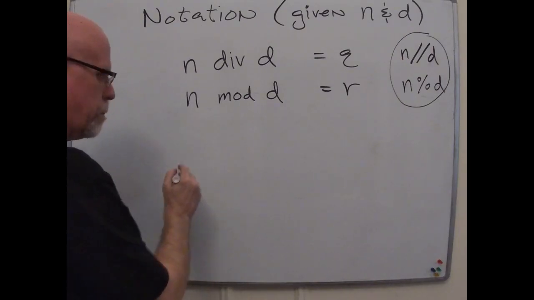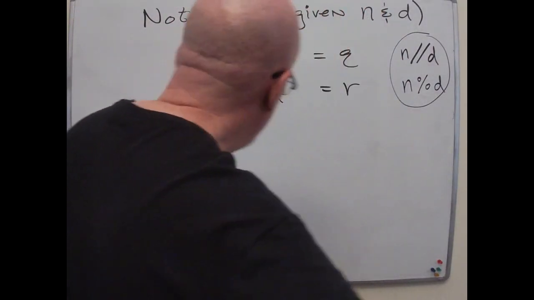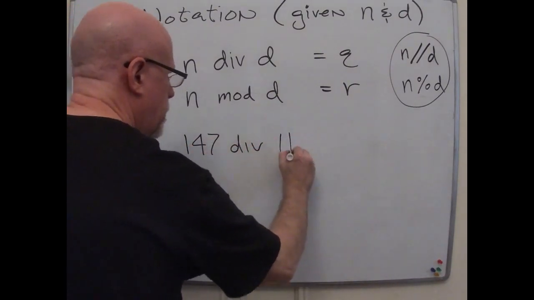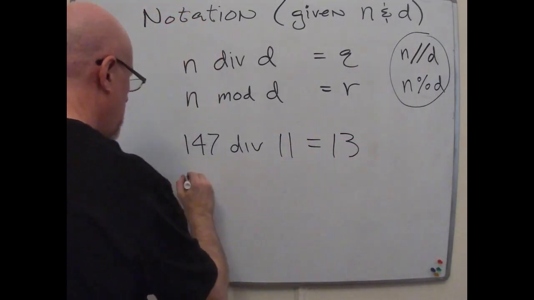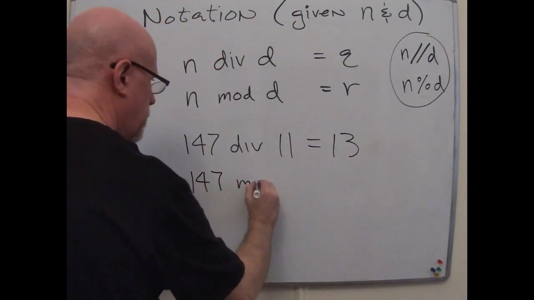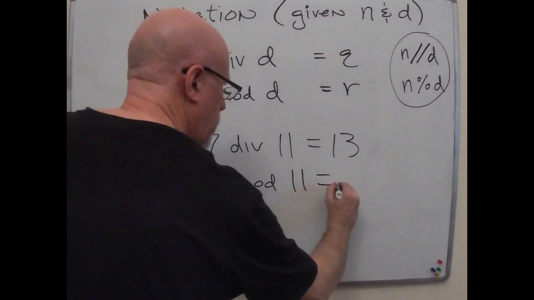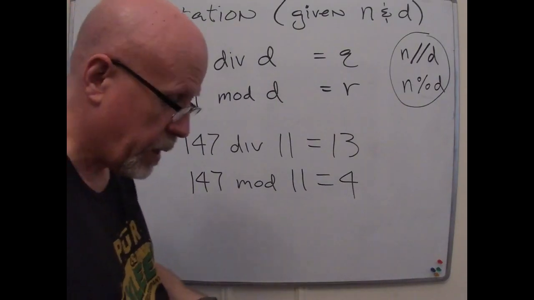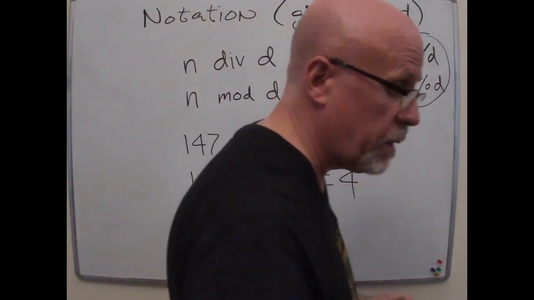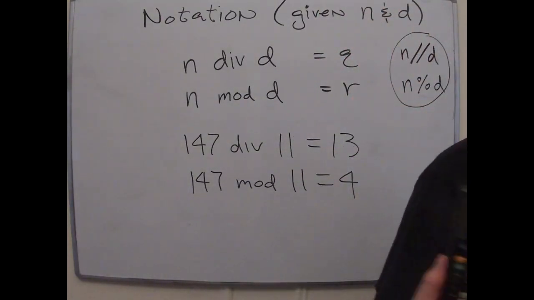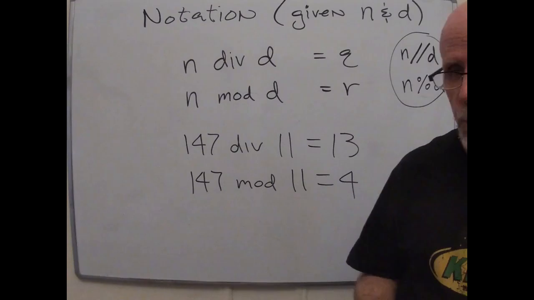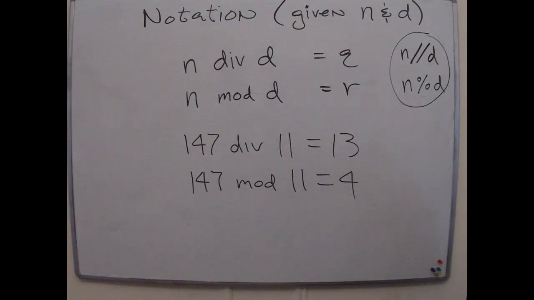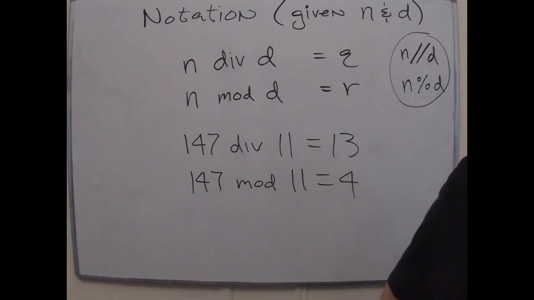I was able to tell you that 147 div 11 was 13, and 147 mod 11 was 4. It's a nice way to use a calculator to get it. Now, there's also actually a way to get the div and mod operators on one of these TI calculators, but what I just did, you could do on any calculator. Even with just a 4-function thing that has just adding, subtracting, multiplying, dividing, that would be enough.